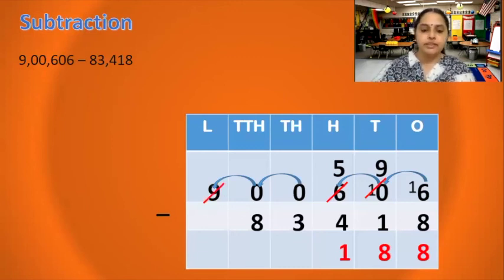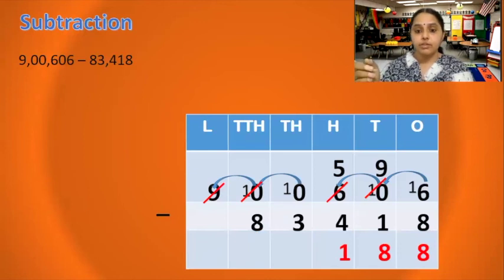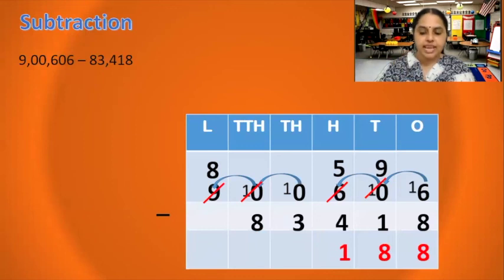So from 9, 1 is given to the 10,000s place. And from that 10, 1 is given to the thousands place. So the 9 will become 8 and this 10 will become 9.